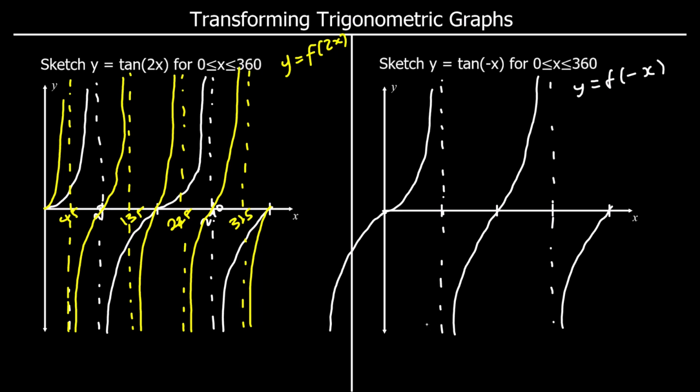If it reflects over the y-axis, it changes direction. So instead of going that way, it's now going the other way. And the asymptotes are at minus 90, so that is at 90 still. Minus 270, that is at 270 still. It's just changing the direction of the graph. So it looks like that.